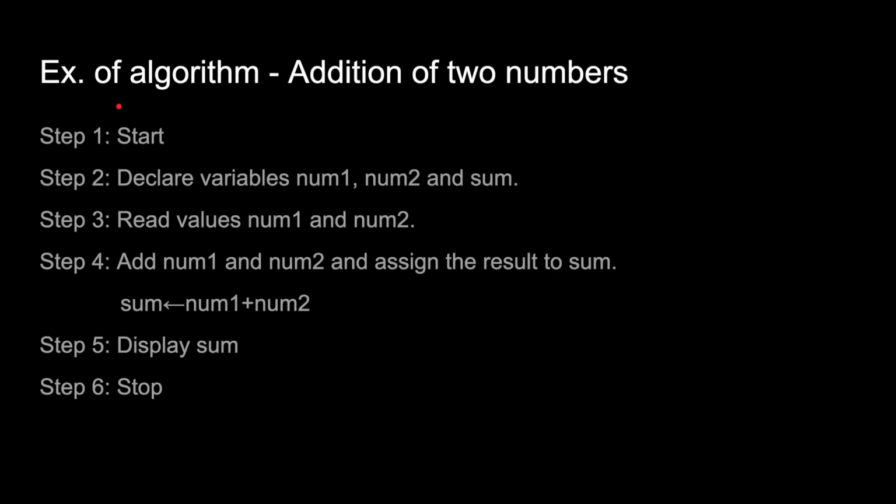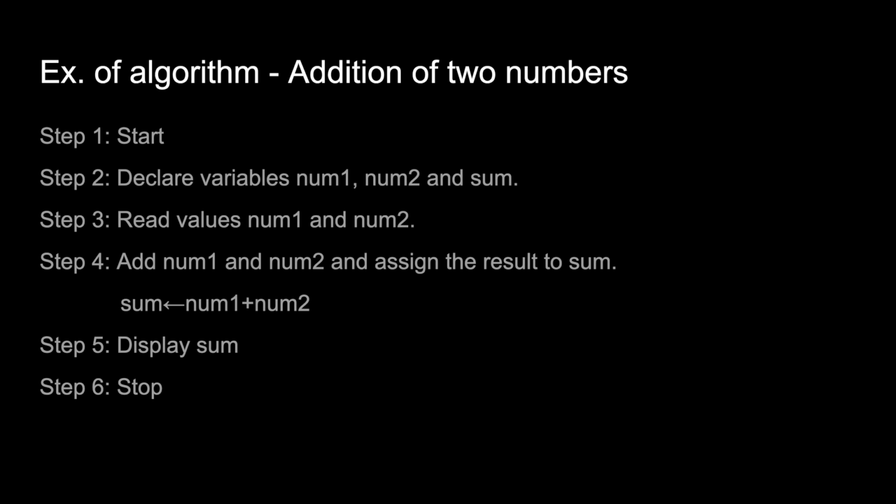Now this is an example of addition of two numbers, wherein in step 1 we start the algorithm. In step 2 we declare the variables num1, num2 and sum. There are three variables we have declared. Two are for the numbers that we are going to add, and one is for the sum where we are going to store the addition of those two numbers.